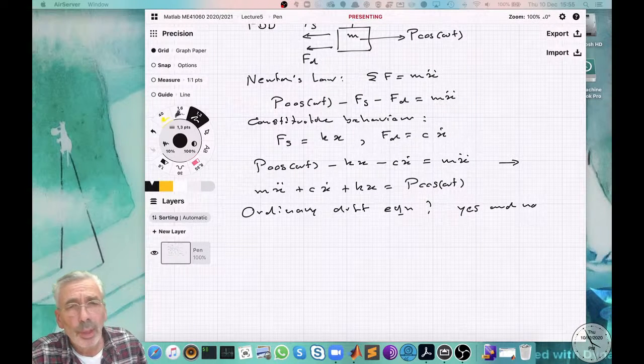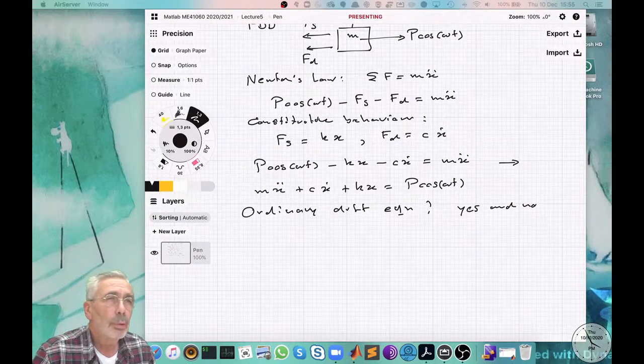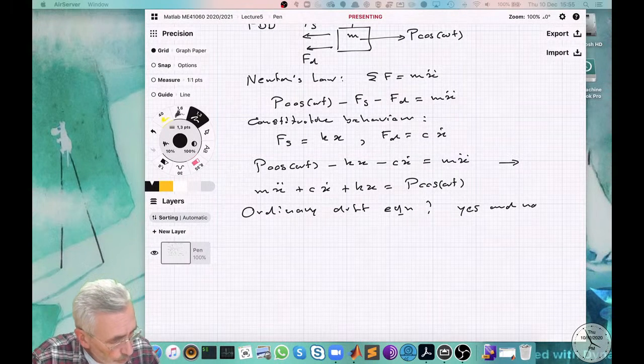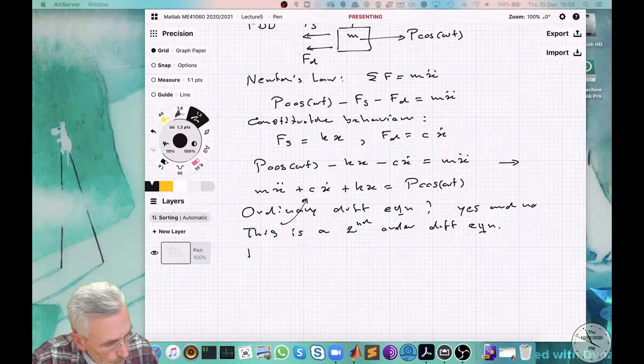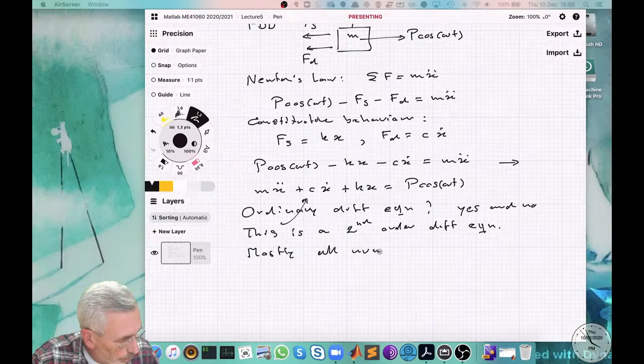Well, most of the methods we will be talking about are derived for first order systems. So this is a second order differential equation, and mostly all numerical integration methods, because that's what we're going to talk about, are for first order systems.